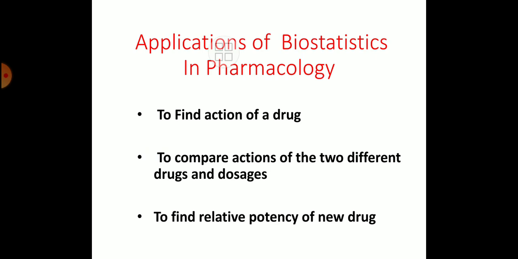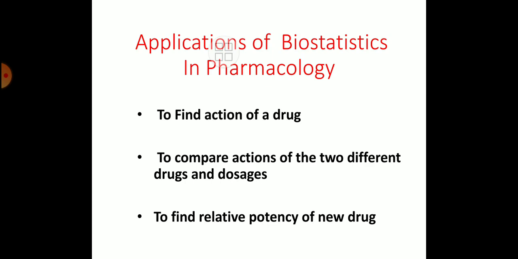To find out the action of a drug, biostatistics is applied to compare the action of two different drugs and dosages. Suppose there are two drugs which are useful to cure one injury, but out of them which one is more useful and cures the injury speedily, to compare the action of two different drugs is possible with the help of biostatistics.